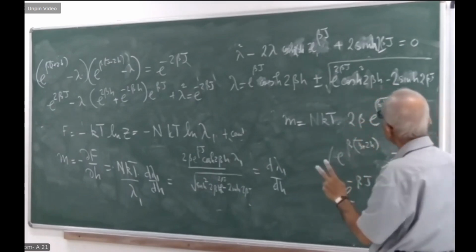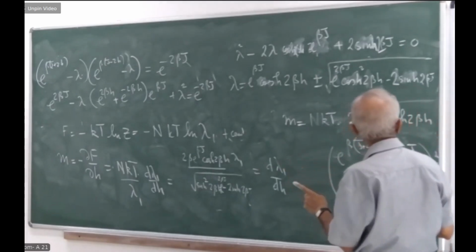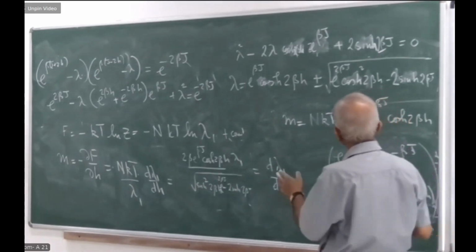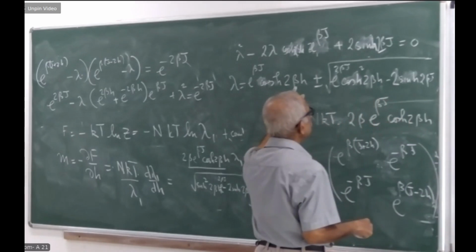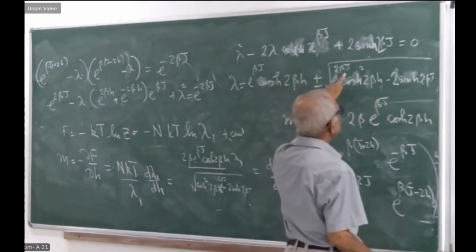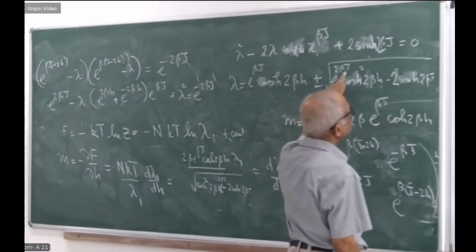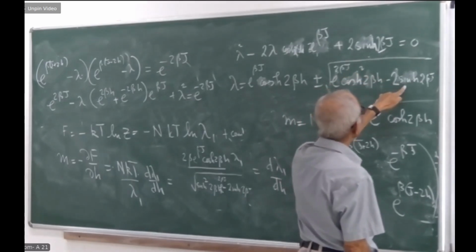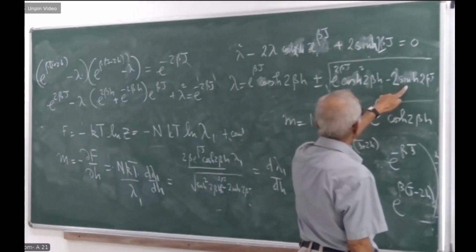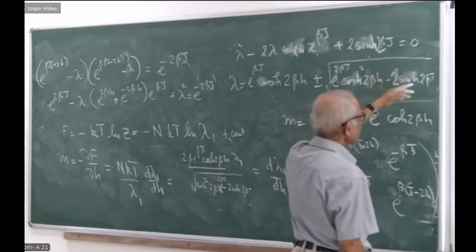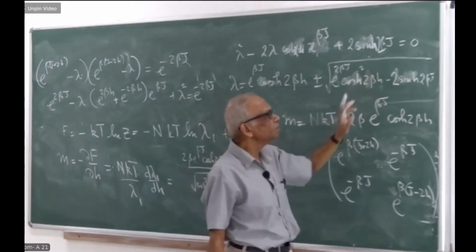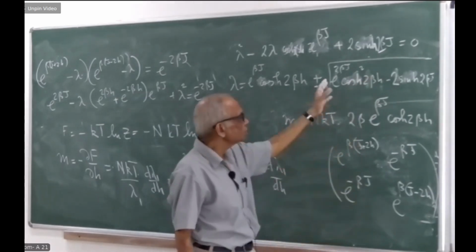Okay, so if I take h going to 0 limit, still not correct. h going to 0, this becomes 1. It is e to the power 2 beta j minus e to the power 2 beta j minus e to the power, so it becomes the square root of e to the power minus 2 beta j, so it is plus minus this.